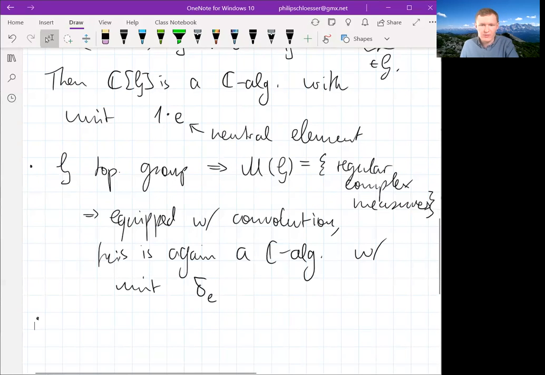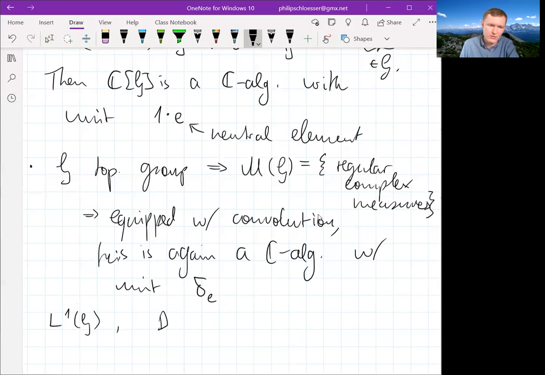And similarly, we can do other stuff, like if we have a locally compact group, then we can do L1 with respect to some Haar measure, and again the convolution.